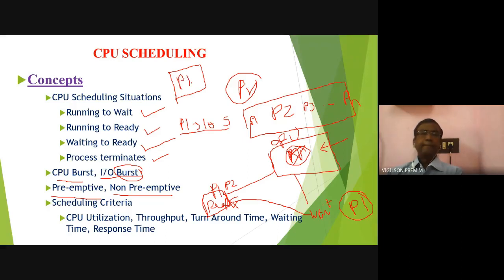P1 requires a maximum of 10 seconds to complete its work in the CPU, so the OS has allotted 10 seconds to execute. After 2 seconds, another process P2 comes, which says to the operating system, I want some urgent work to be done, so give me the CPU.